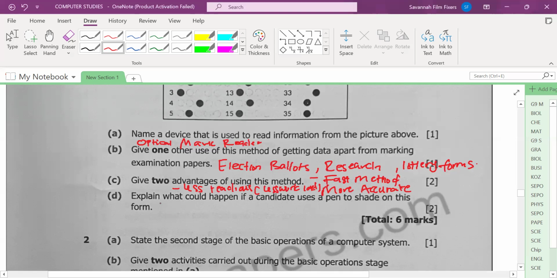So the darker shade might be misread or rejected. That's what can happen. So we are done with question 1, section C.